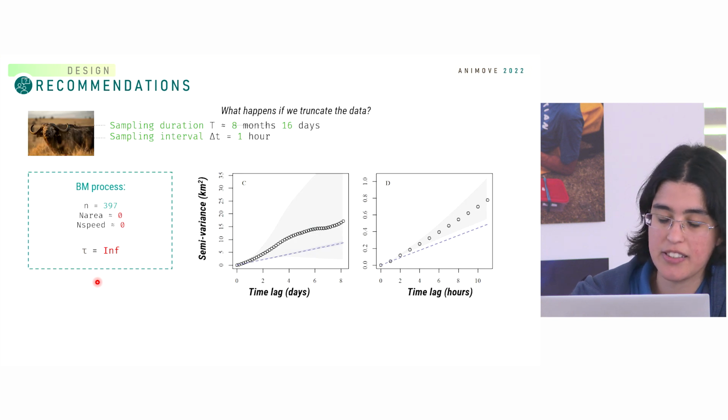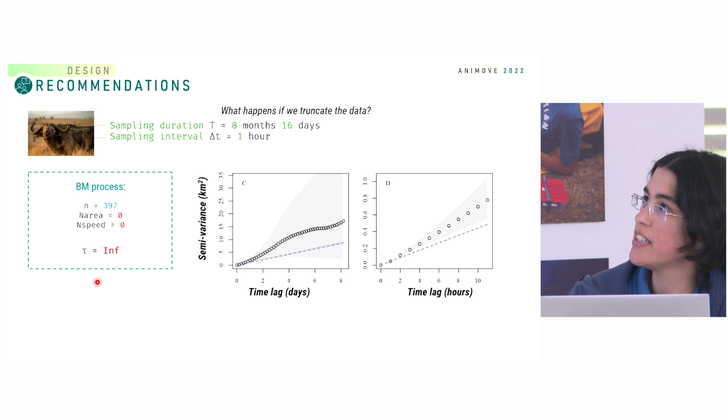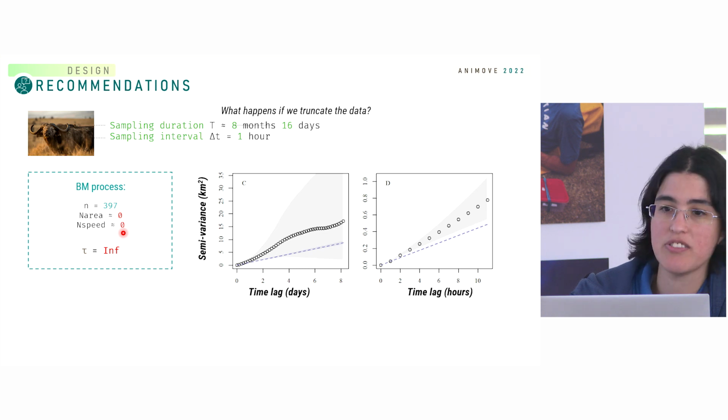This is just essentially what would happen if we truncate the data, if we make it shorter, and how it would look. So instead of 8 months, let's do 16 days. Basically, assuming a Brownian motion process, we have no effective sample size for area, no effective sample size for speed.